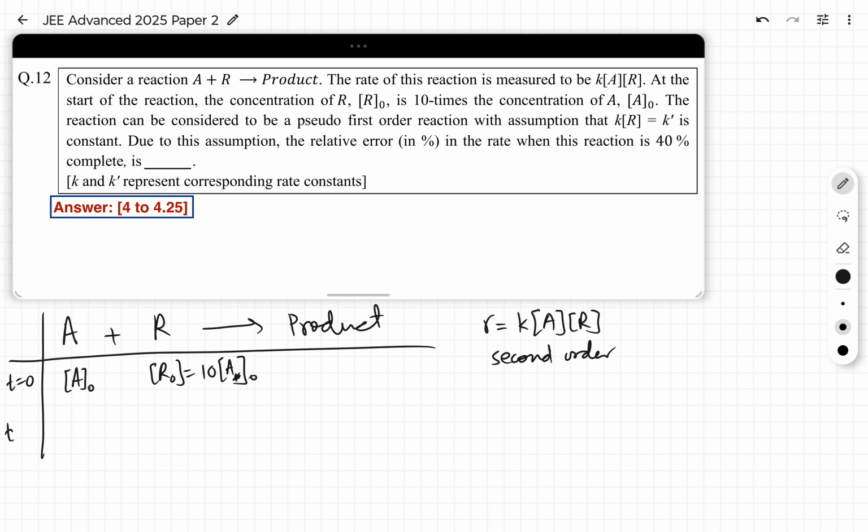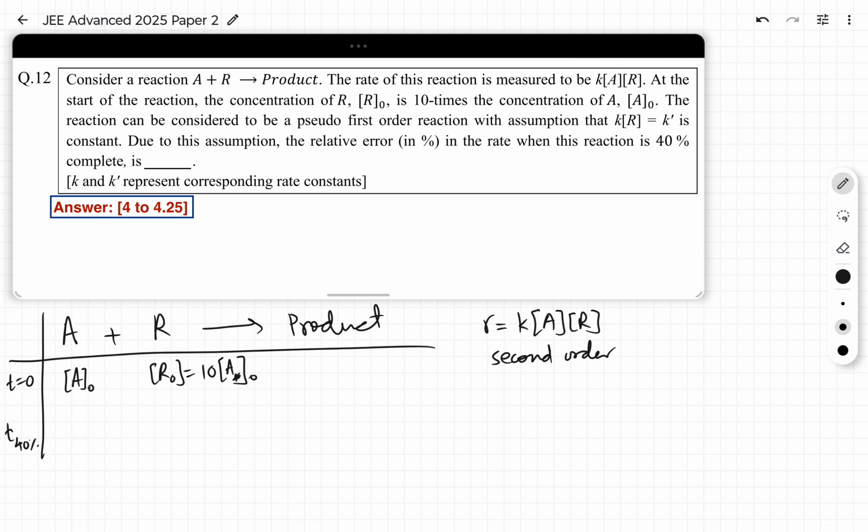At t 40%, when the reaction is 40% complete, because A is the limiting reagent here, 40% of A will have reacted by t 40%.